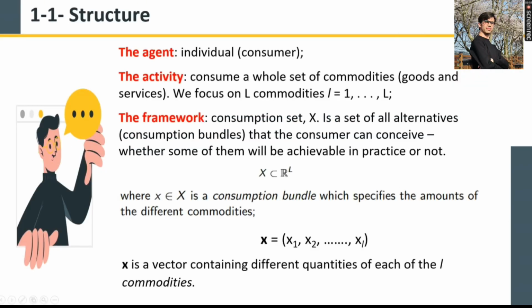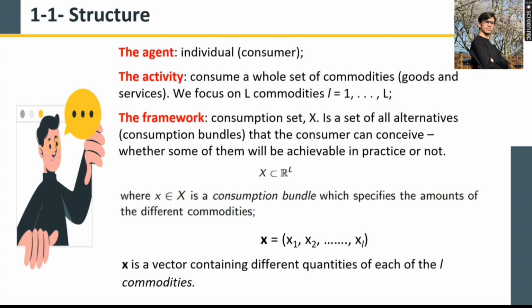So now, let's talk about some basic concepts or some basic terms. Who are the agents in consumer theory? In consumer theory, the agents are individuals or consumers, and sometimes we refer to households as individuals or as an agent in microeconomics. But what kind of activity do these individuals or households do?